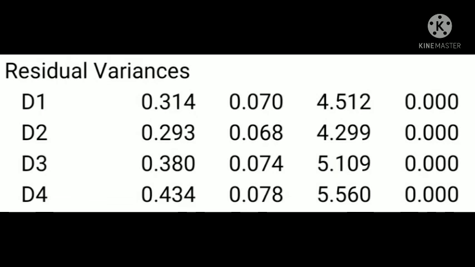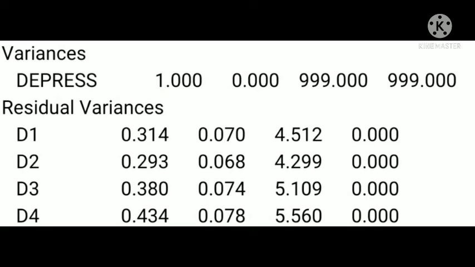If we subtract the value of common variance from 1, the resulting value indicates the unique variance or residual variance. Its value for D1 is 0.314. It means 31.4%. The value of variance for depression is 1.